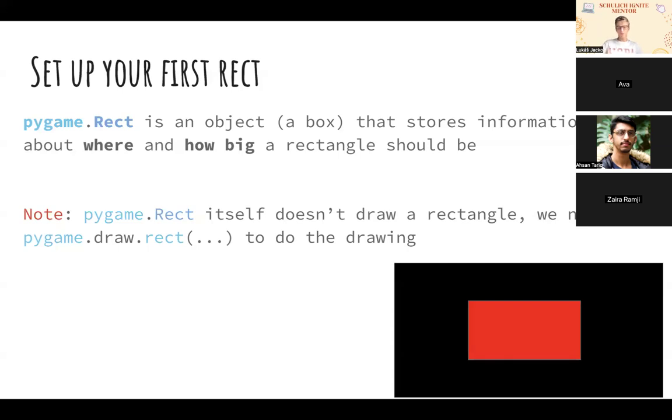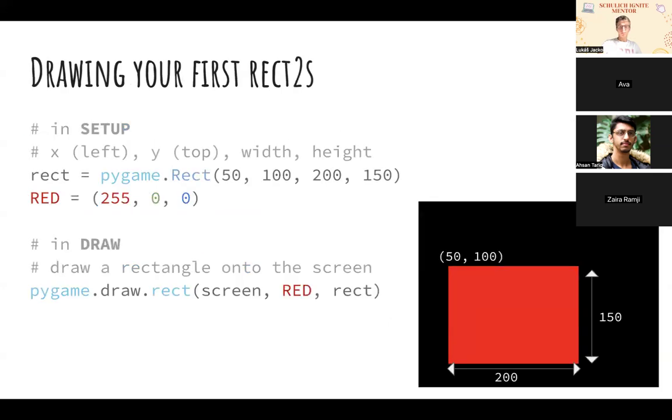So beware of that. And if your rectangle is not drawn, then probably you forgot to draw the rectangle. Let's say that we want our rectangle to be placed at 50, 100, 200, and 150, which is always defined as top left X and Y, followed by its width and its height.